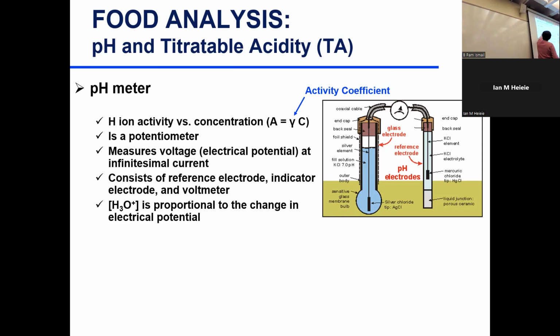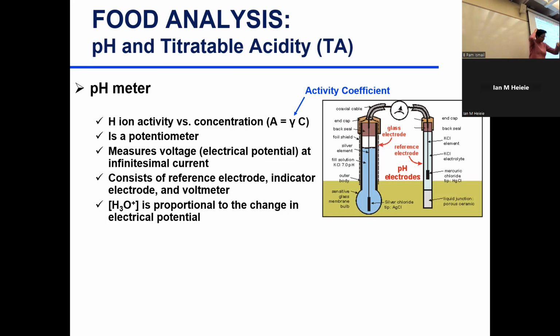There is a relationship between the activity and the concentration. This is a constant coefficient. Here's the activity, here's the concentration. We don't care about that because the pH meter is going to do the conversion for you and read out the pH of your sample based on the hydrogen ion activity that is going to cause a change in the electrical potential.